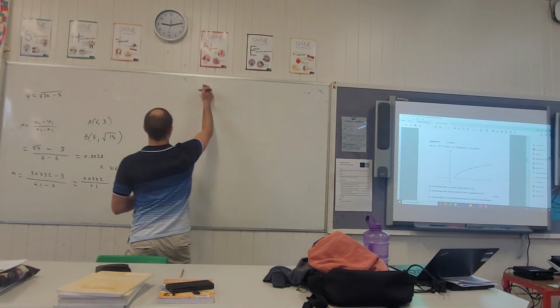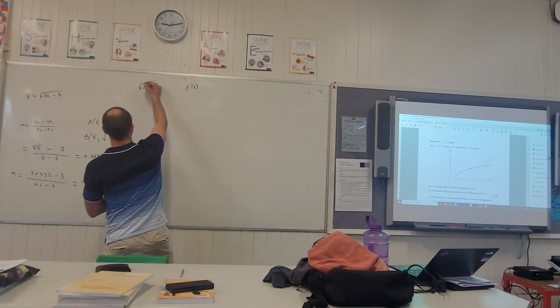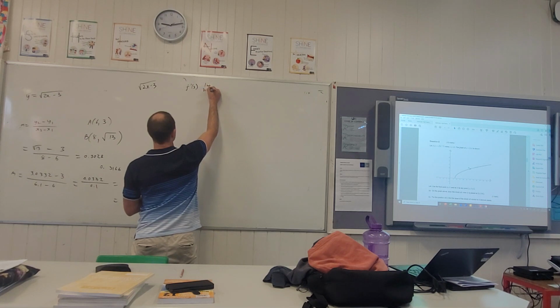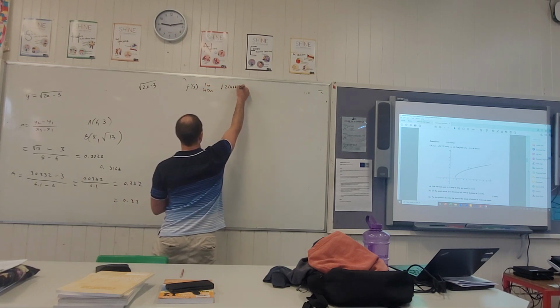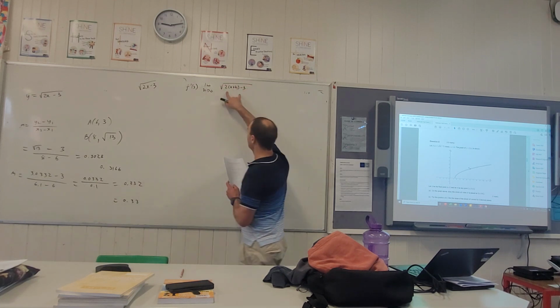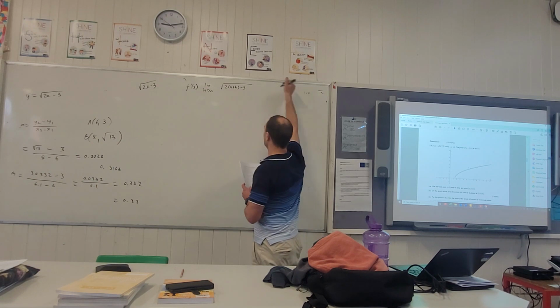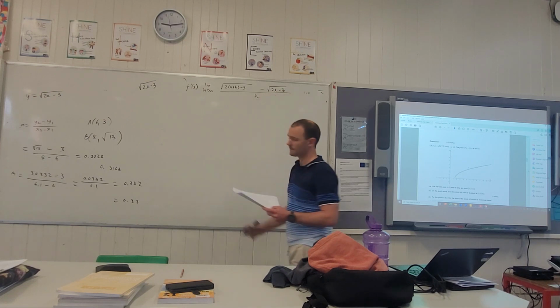So here we go. First principles for this function, square root of 2x take 3. Okay, f of x plus h, x plus h where the x is, take away f of x on top of h.